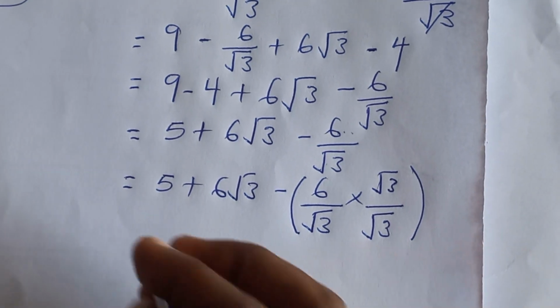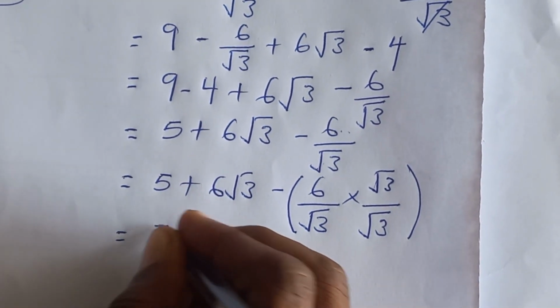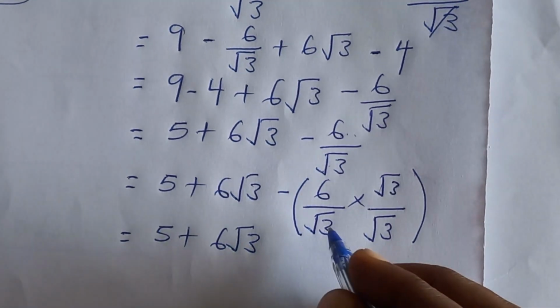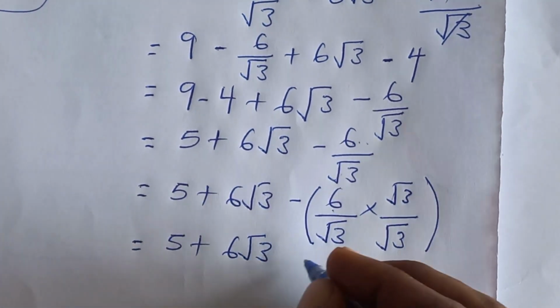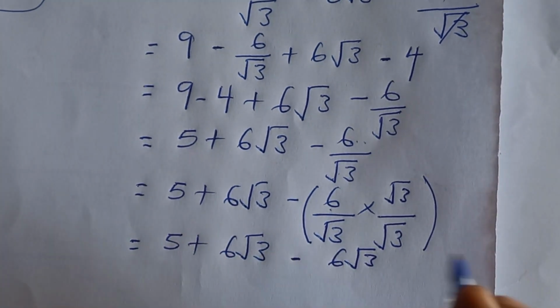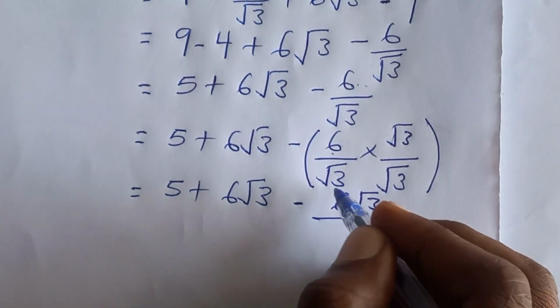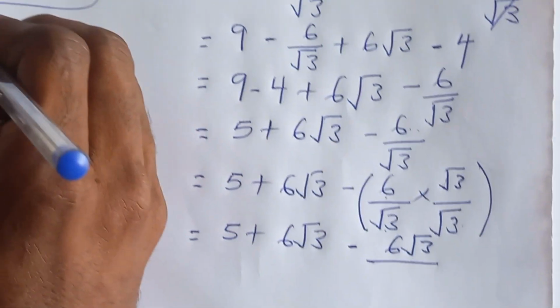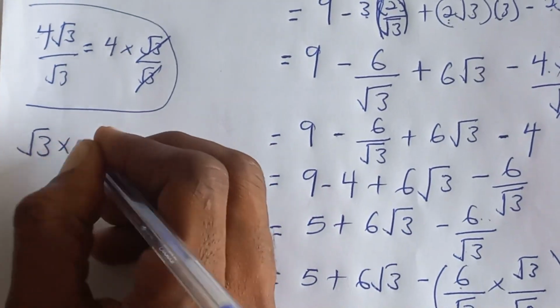Good. And so we have 5 plus 6√3. Now, 6 times √3 is 6√3. And then √3 times √3.